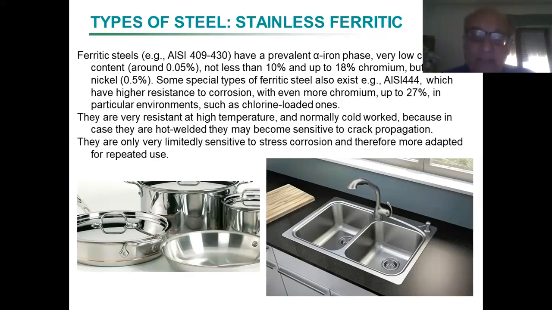But let's concentrate on steel. Here you have ferritic steel, which of course has a prevalently alpha iron phase. It is not the case that ferritic steel is 100% alpha iron phase, but it has mostly alpha iron phase.